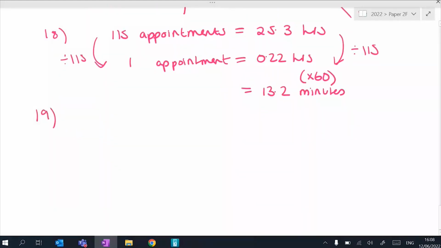Question 19. So she's splitting up these 3 kilogram box of sweets into little bags of 150 grams. So I'm going to change 3 kilograms to 3,000 grams. And she's paid £17.60.